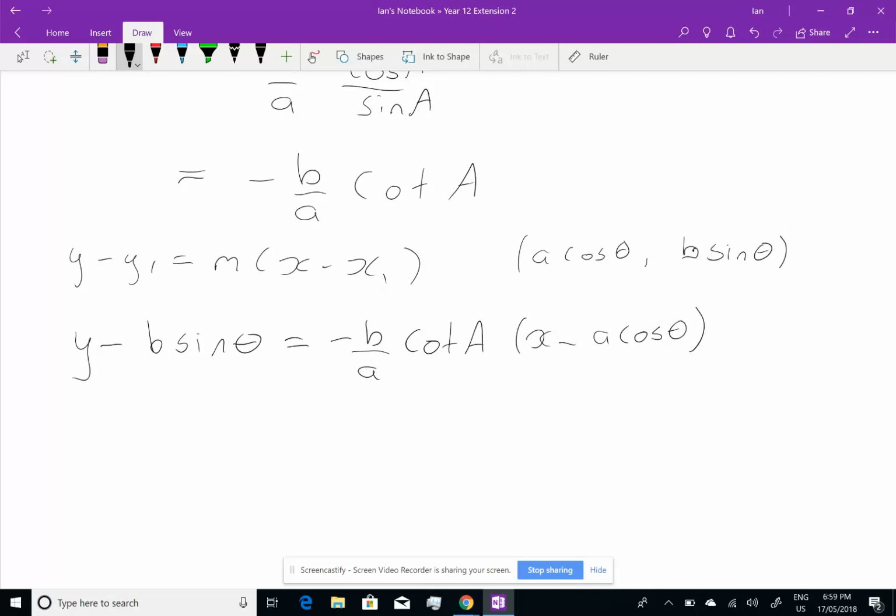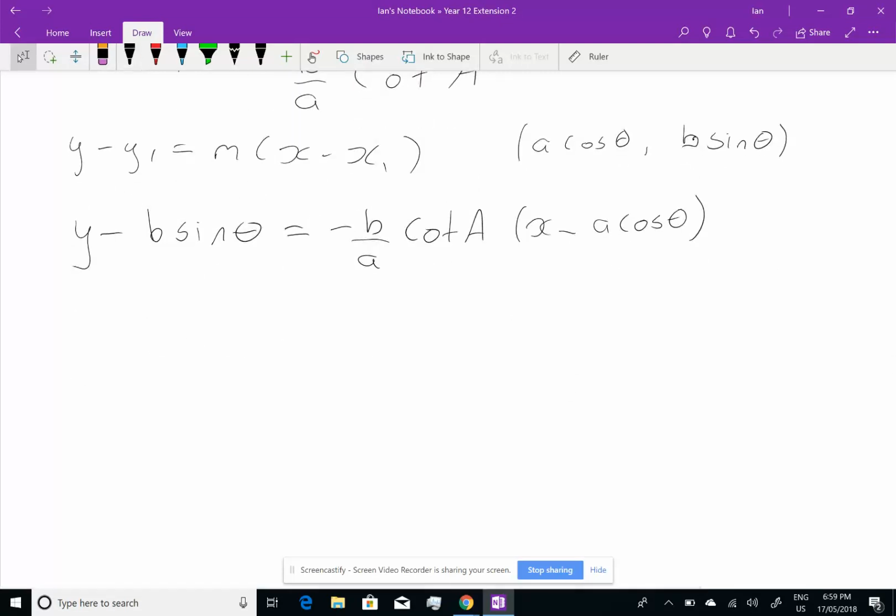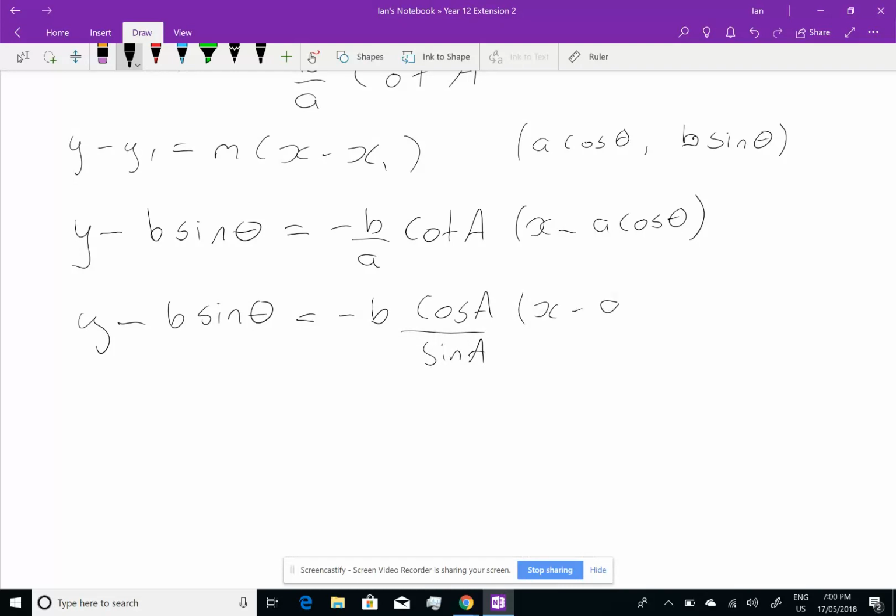All right, we'll multiply the a across. Sorry, no, we'll just rewrite this. y minus b sine theta equals minus b, I'm going to write this as cos A on sine A, and here I've got x minus a cos theta.